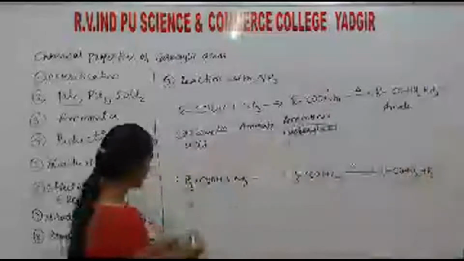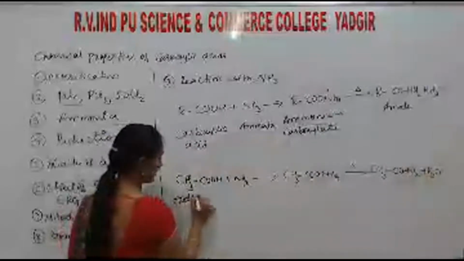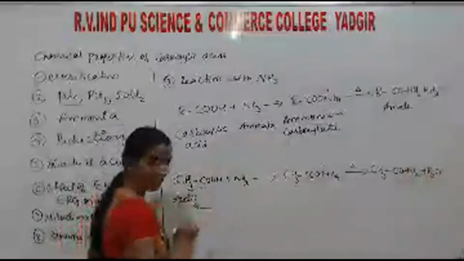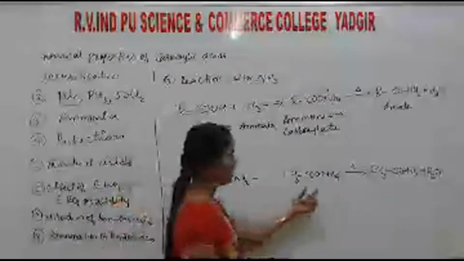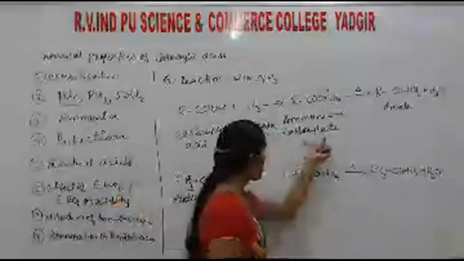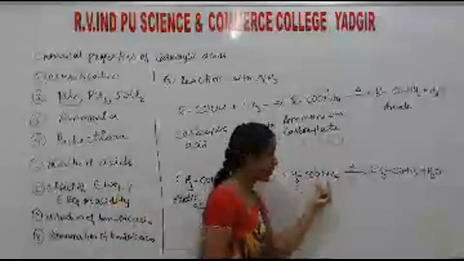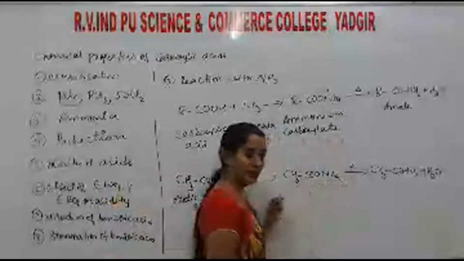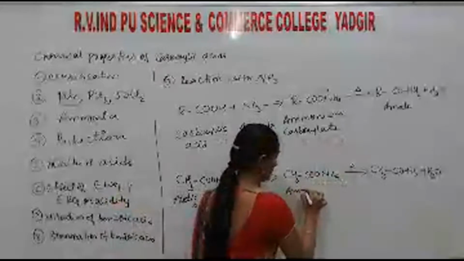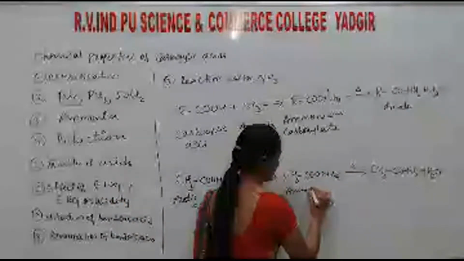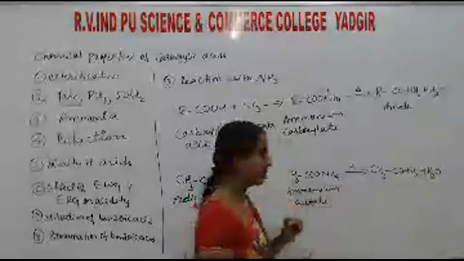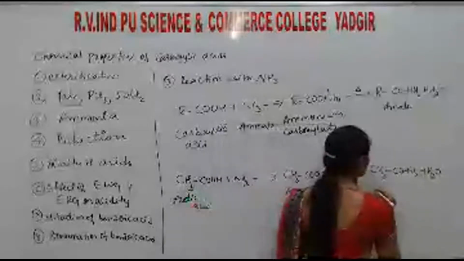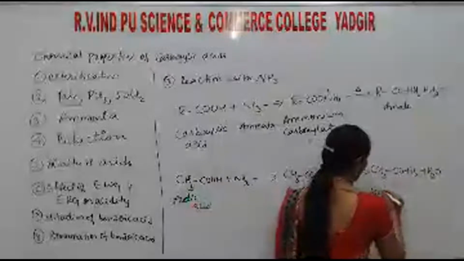Listen here. This is of course acetic acid we know, or ethanoic acid. This one is ammonia we know. This one is what? Carboxylate means acetate. Ammonium acetate. And this one is acetamide.